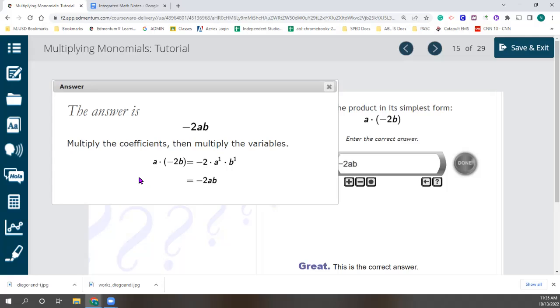My bank account at the end is negative $2. In 5 days, at negative $2 per day, my bank account is negative $10. The way the problem is set up helps you decide if it's going to be a negative or positive.